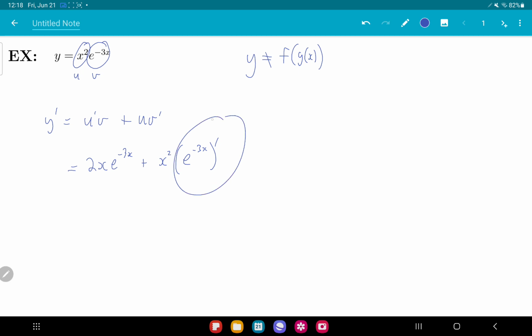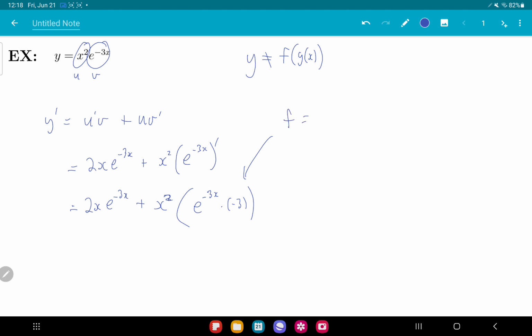Okay, here's where the chain rule comes in. When I do the prime of e to the negative 3x, what do you get? Well, you get e to the negative 3x times minus 3. There's my chain rule. Okay, what is it?